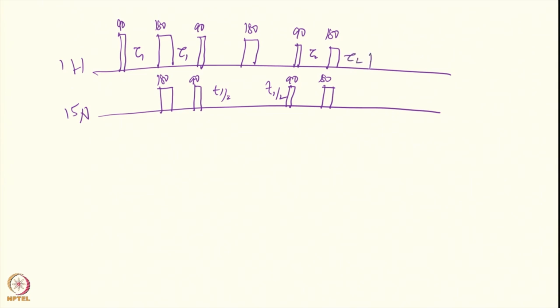So then I come to this point here, this is the refocused point, okay. This is again tau. Here I introduce what we call the TOCSY mixing. TOCSY mixing is used, and after that I collect the FID, and when I collect the FID here, then there is broadband decoupling.